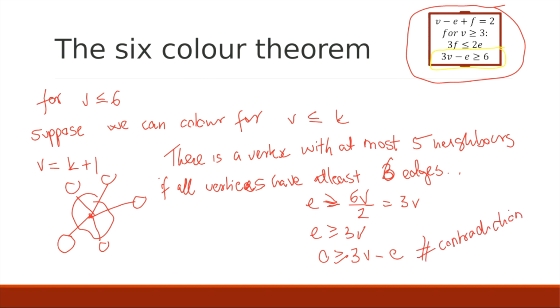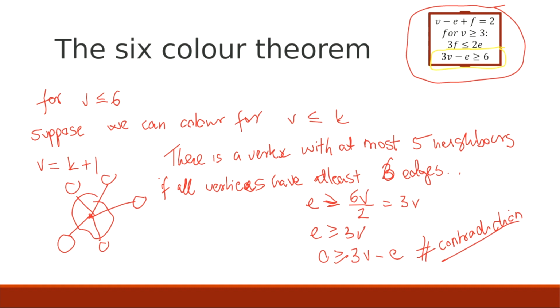It's going to mean that there's going to be at least one vertex with at most 5 neighbors, because not all of them can have at least 6. And then we can finish our induction and say we can always just pick from a graph on k plus 1 vertices, one vertex which has at most 5 neighbors. We can color the rest, we can put that vertex back, and then we prove for k plus 1, which finishes the induction. The 5-color theorem is going to be actually very similar, but it's a bit harder.